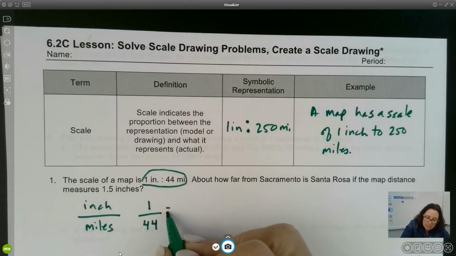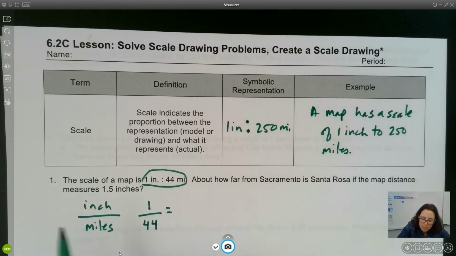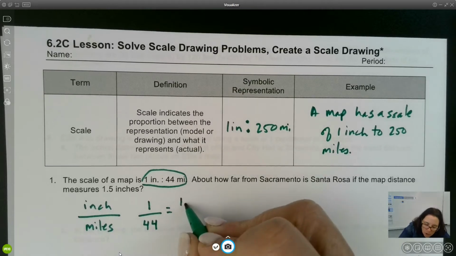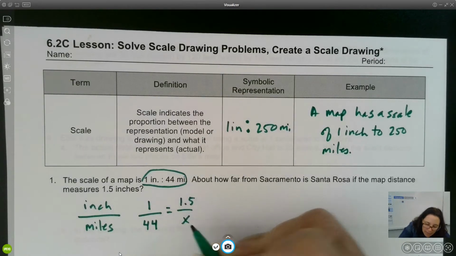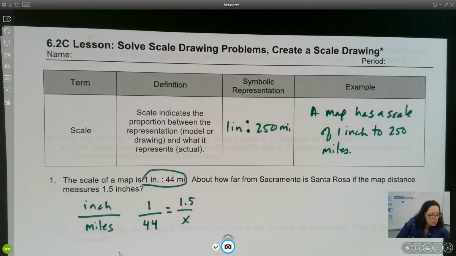Okay, and that I'm going to set equal to, they tell us the map distance measures 1.5 inches. Okay, so you could have said map over actual if you wanted to say it in those words. Okay, but 1.5 inches is going to go on the top because that's where my inches are. And then X is our unknown.